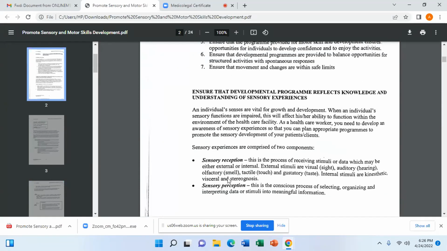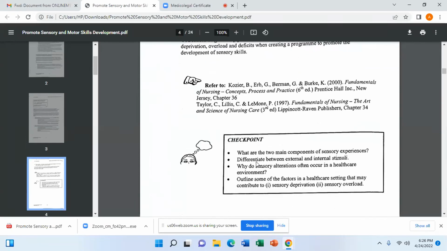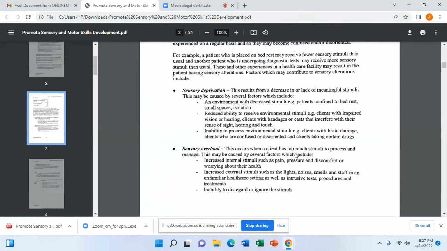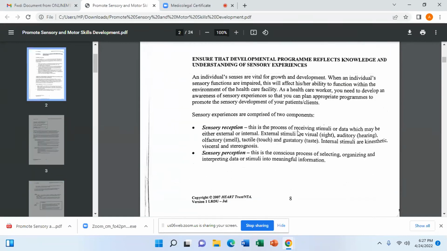Reception and perception. Right? Differentiate between external and internal stimuli. External has to do with the external environment, right? What is outside of the body. Internal stimuli would be inside the body. Okay?